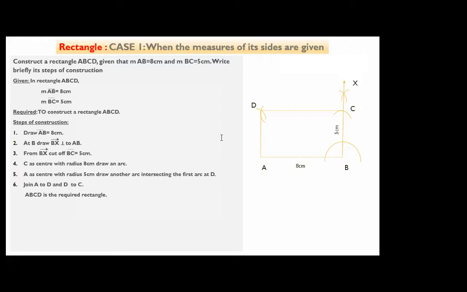That the diagonals of rectangles are congruent and bisect each other. Okay. Why am I telling you again and again about the properties? Because this is very important to remember. Please beta, again I am telling you that the properties are given on page number 166 till 168. Just learn these properties properly.